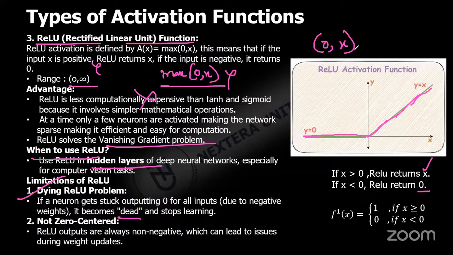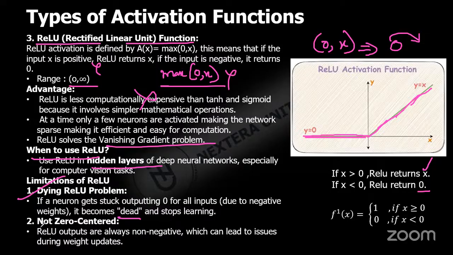If x is -1, the output will be 0. So if we pass any negative value to this ReLU activation function, the output will be 0. This 0 will be passed to the next layer, and from there the neuron gets dead, because 0 multiplied with any value will be 0.